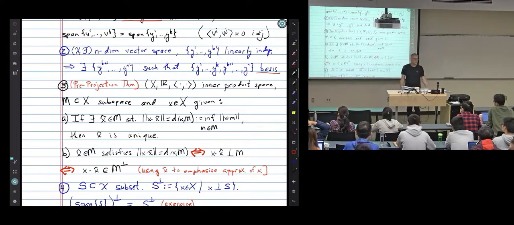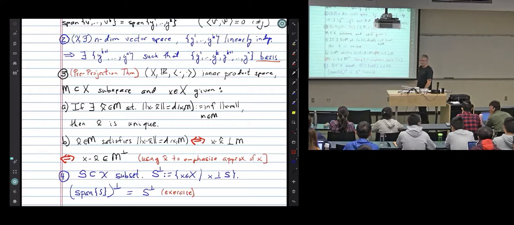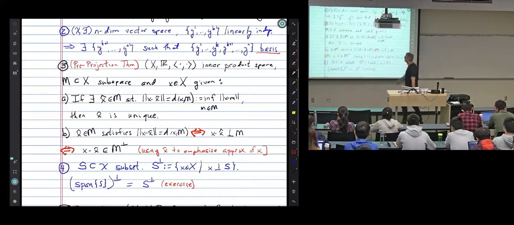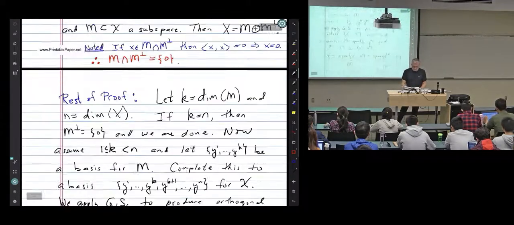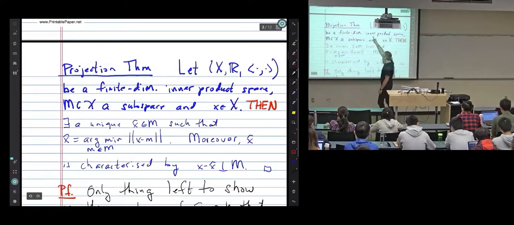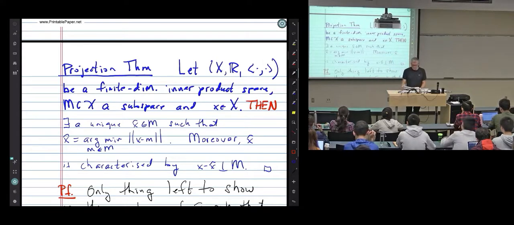So that was part of our proof of the pre-projection theorem. The previous theorem was saying if this existed, then these properties. This theorem is saying that it exists. So if x is finite dimensional, existence is guaranteed. That's all we've added. Okay? Cool.